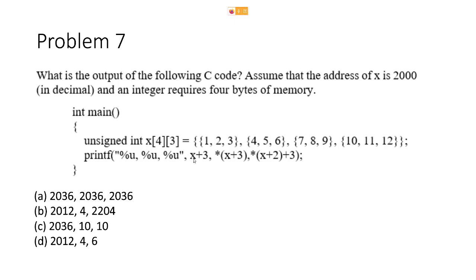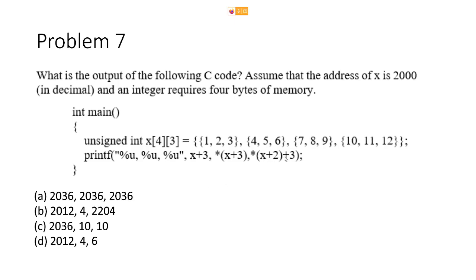So this will be 2000 plus 36, so 2036. Then as I just explained, when you use one star, that is still the address, not the value. It is the address of the first element here in the fourth row. So this is also 2036.